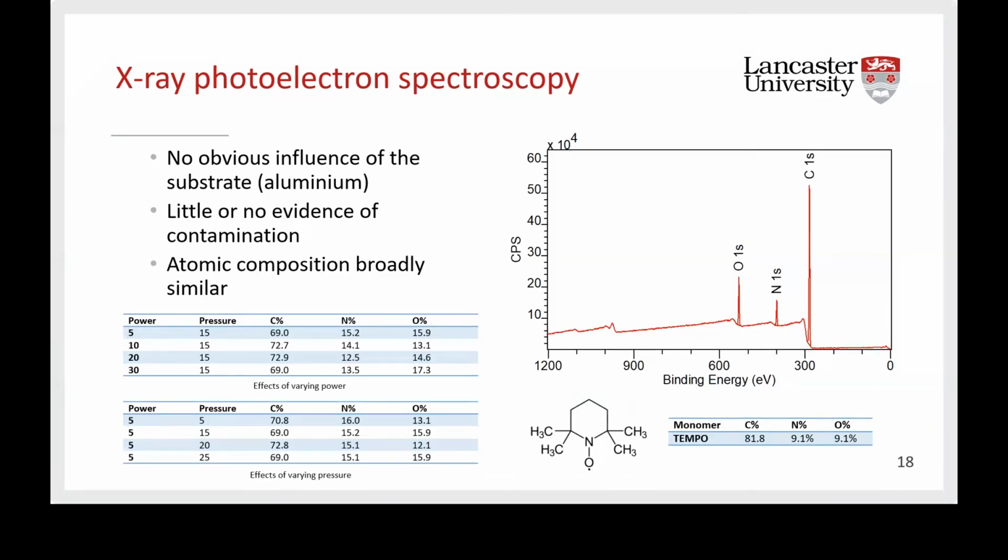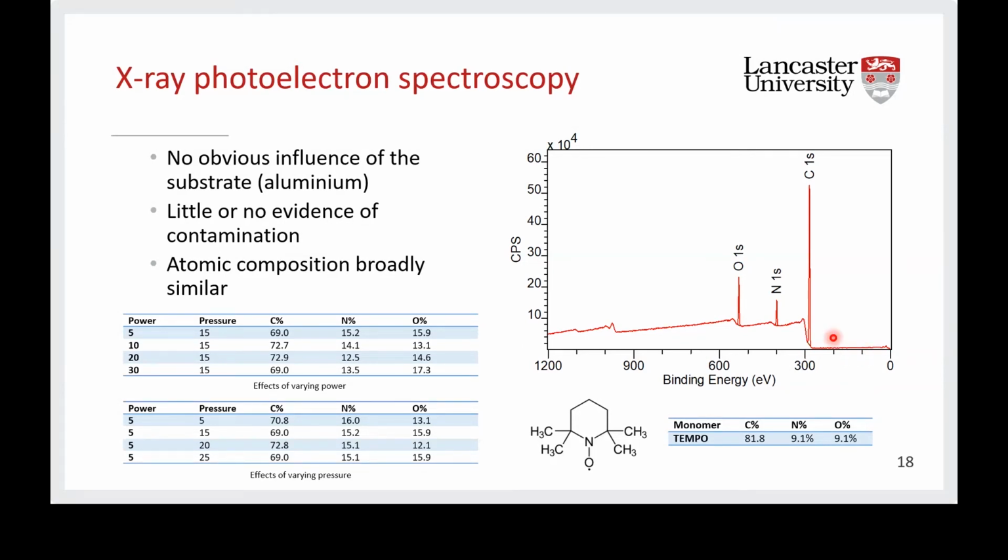So as to the TEMPO data itself, what it means, as a broad point with this particular project, we're interested in how much of the structure of the molecule is retained from before, and in particular, that NO bond. The data here on the right-hand side, this graph here, shows us a number of things. It allows us to identify the elements that we can see in the top few layers of our sample.